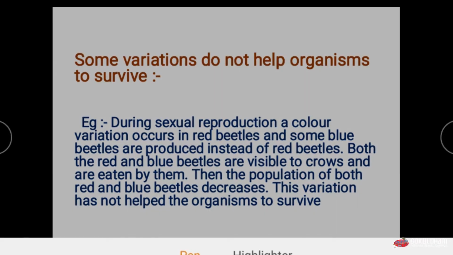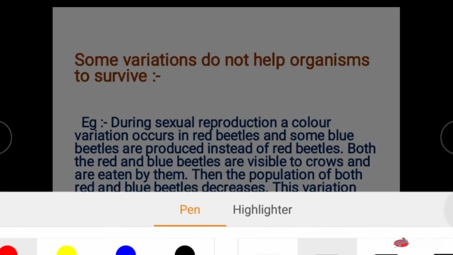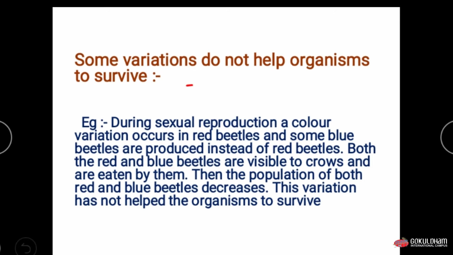Now next, some variations do not help the organism to survive. During sexual reproduction, a color variation occurs in red beetles, and some beetles having blue color are produced.